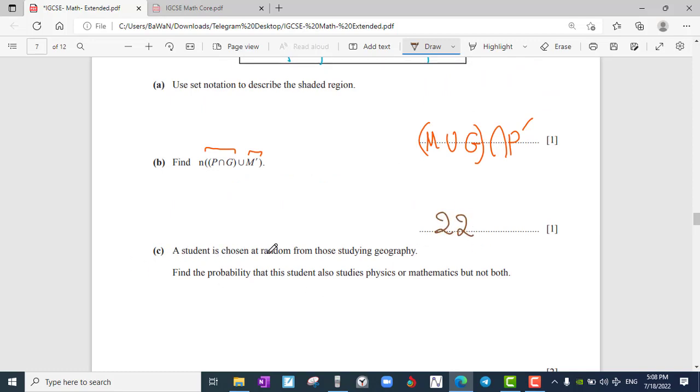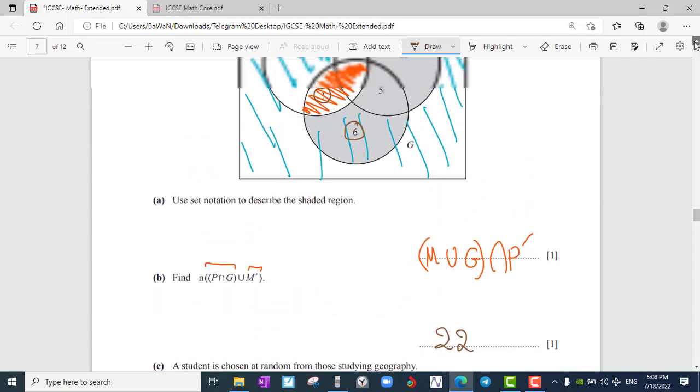A student is chosen at random from those studying geography. Find the probability that this student also studies physics or mathematics, but not both. Okay.